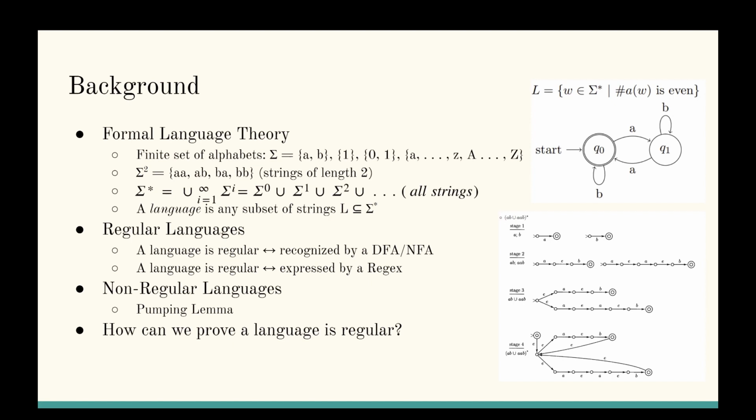A language is considered regular if and only if it can be recognized by a DFA or an NFA. In other words, if there exists a finite automaton that can read the language and accept all valid strings while rejecting all invalid strings, then that language is regular.